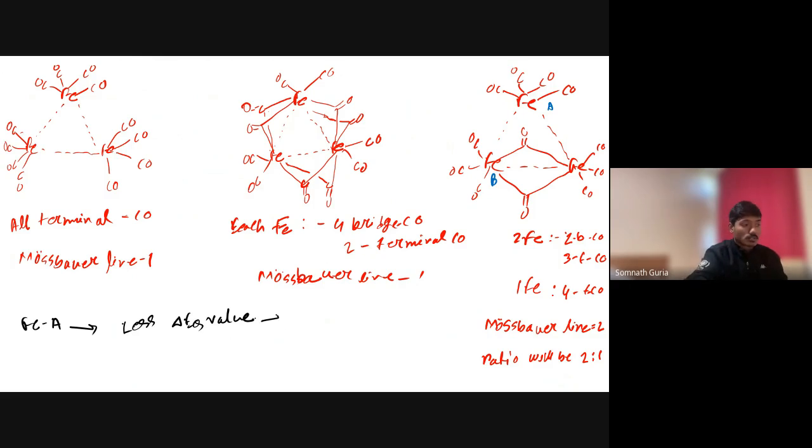Why? Because the lattice contribution is zero lattice contribution.